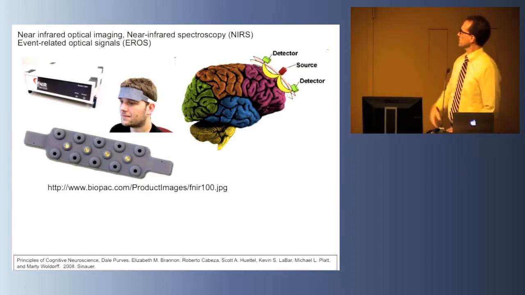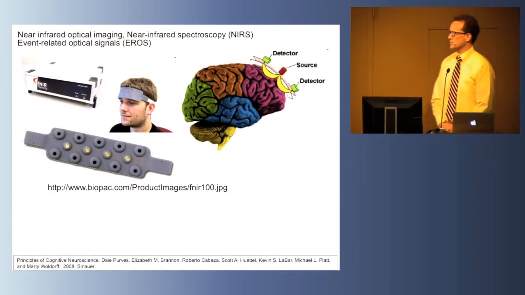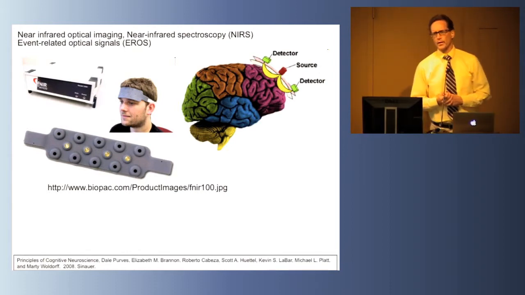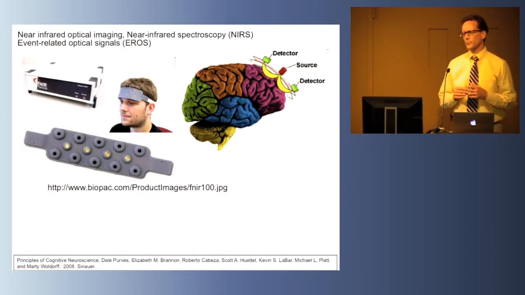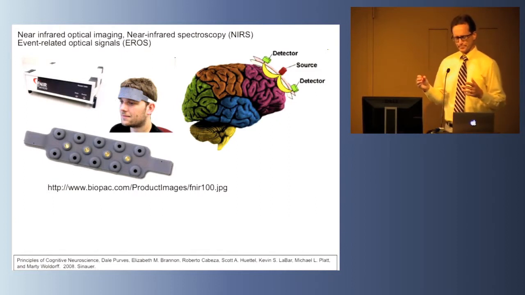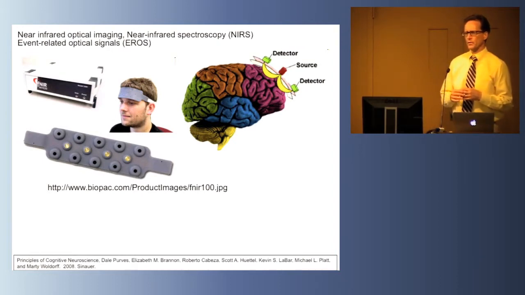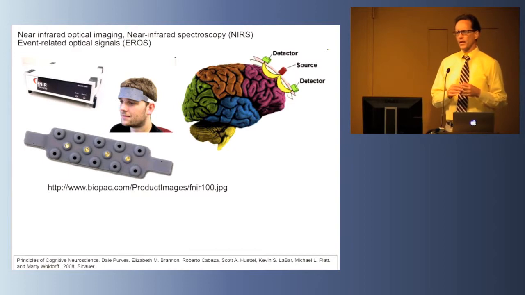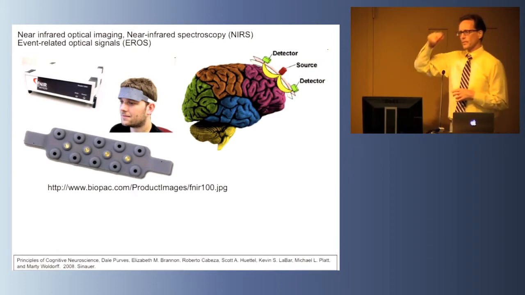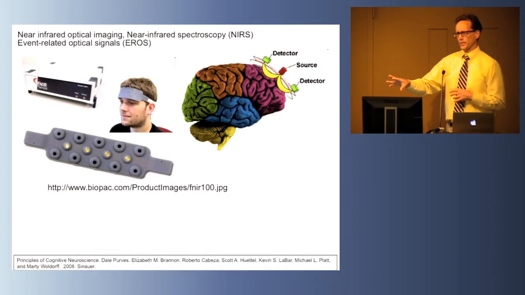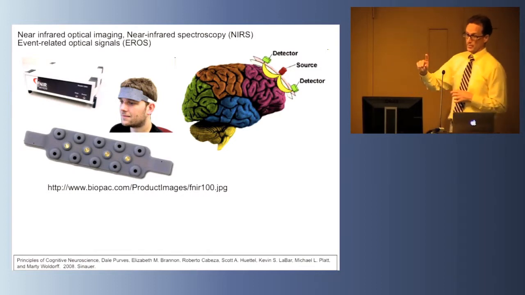And so what's shown on the upper right is its mode of action. So this emits infrared light. So it's something like if you've been to the doctor's office and they've put a pulse oximeter on your finger to measure your pulse. It's this red light that clips on and you hear the pulse. So the same idea is here. So the source emits the light. Some of it just bounces off the skin and so on, but some of it gets into the brain, not very deeply.